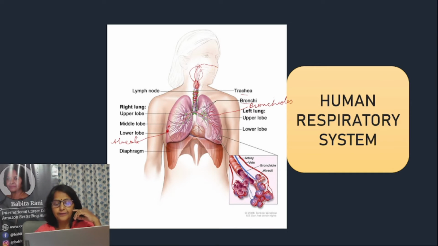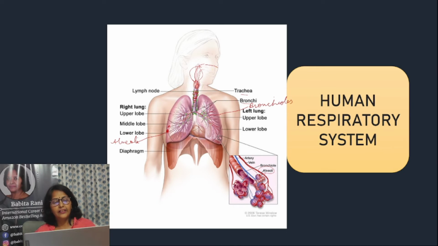This is the bronchiole, and at the end of it we have a balloon-like, rounded structure, which is known as alveoli, and this is richly supplied with blood vessels because exchange of gases has to take place over here. It has a very thin membrane, and it is a highly coiled structure to increase the surface area for exchange of gases.